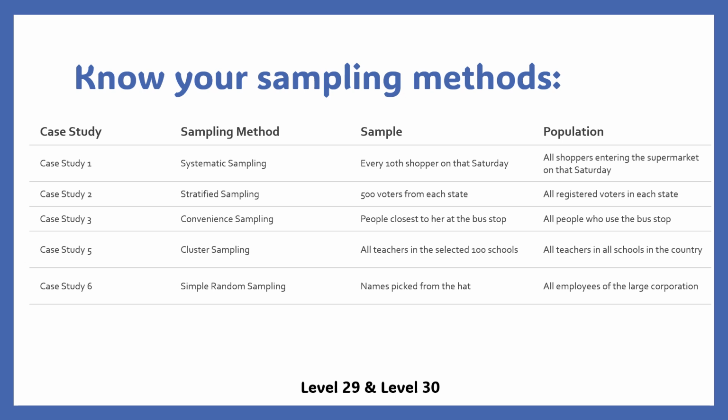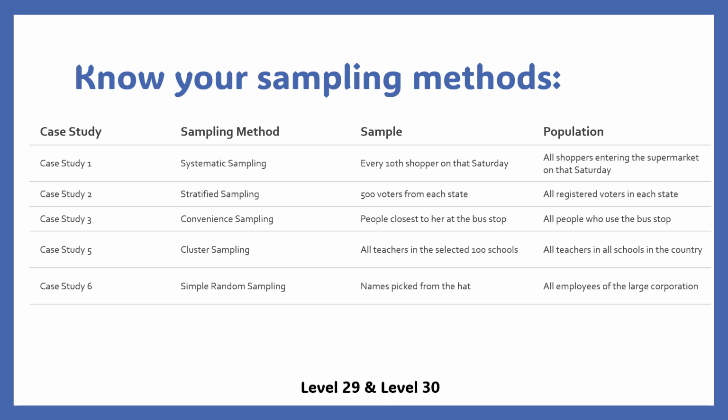Convenient sampling just is what it sounds like. We just choose whoever's convenient to us. We might choose the people that are sitting next to us in the lunchroom, or the people closest to you at a bus stop. A cluster sample would be that we randomly pick a cluster. So we break them down into clusters.